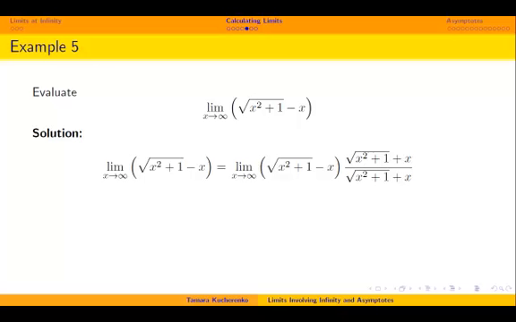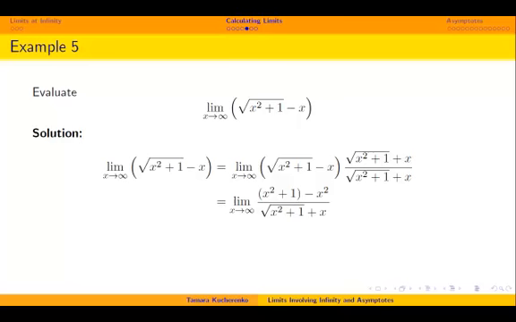Then in the numerator, we get the difference of squares, and the denominator stays the same. The square root and square reverse each other, so we obtain x squared plus 1 minus x squared divided by the radical of x squared plus 1 plus x.